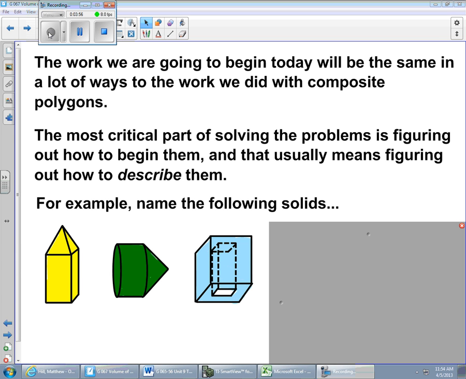Now, paying attention to just the cavity itself, okay, which means kind of looking at that opening and looking at the dotted lines that are inside of this whole figure, what kind of a shape does that cavity appear to be? Isn't it another rectangular prism? So look, I mean, basically, to put it in plain English, do we have a box on the outside, but then inside we're missing a smaller box?